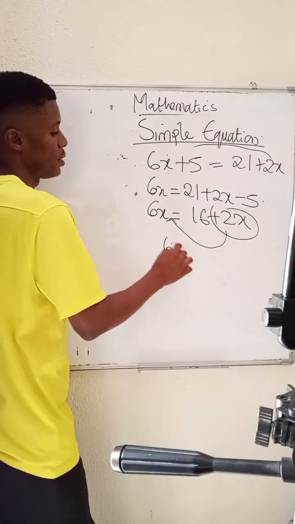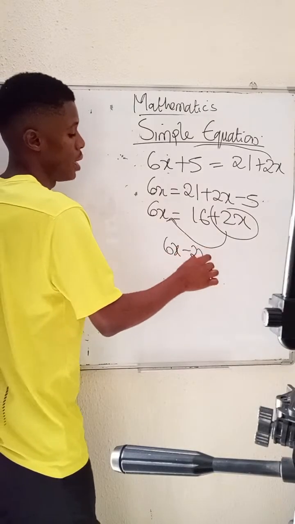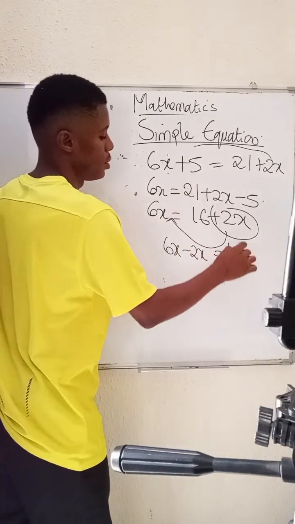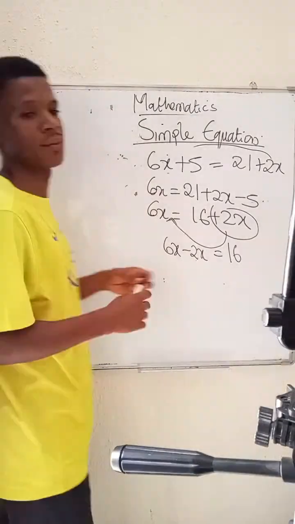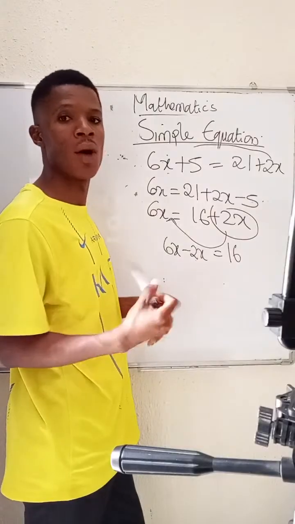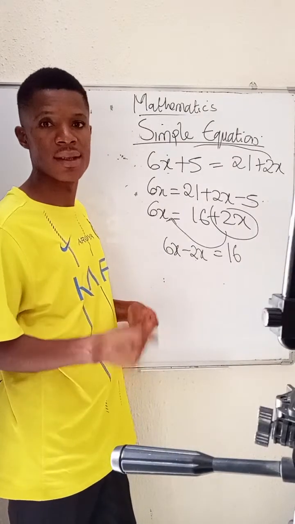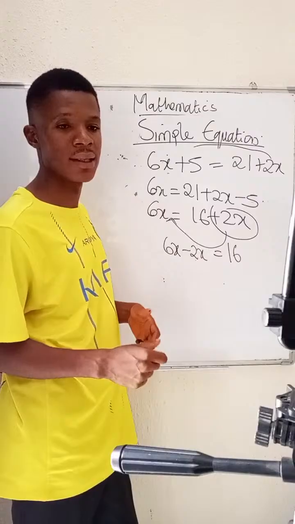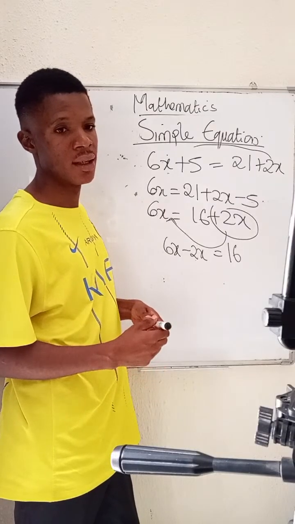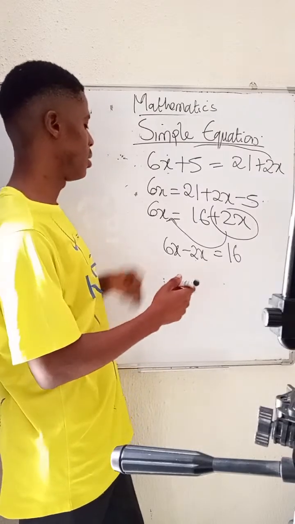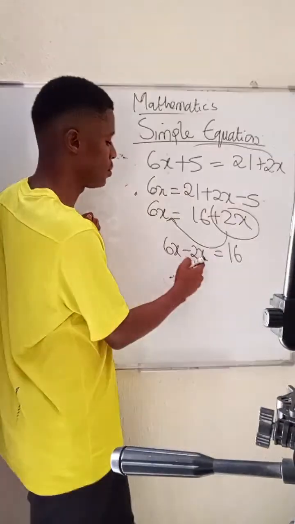So we have 6x minus 2x is equal to 16. What is 6x minus 2x?